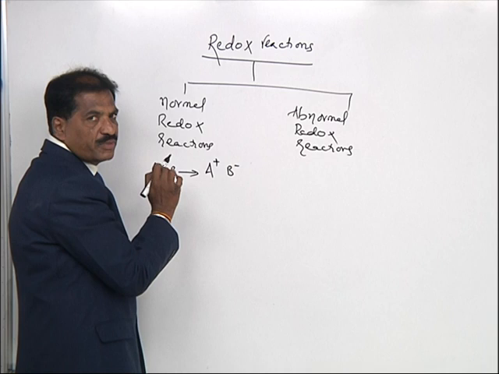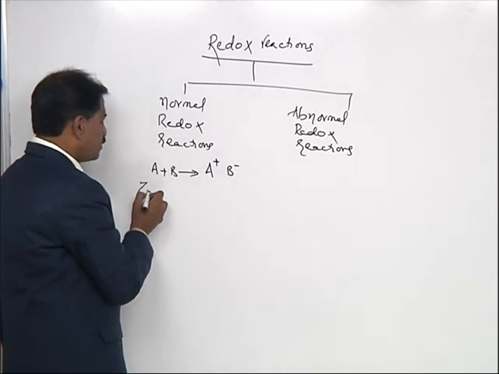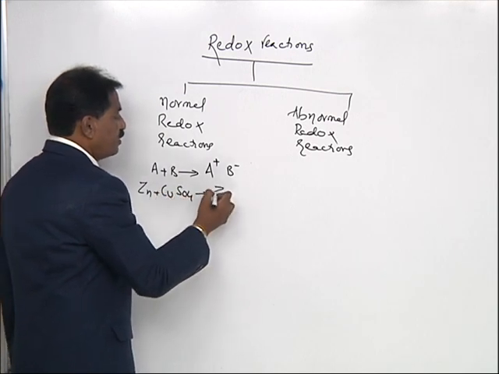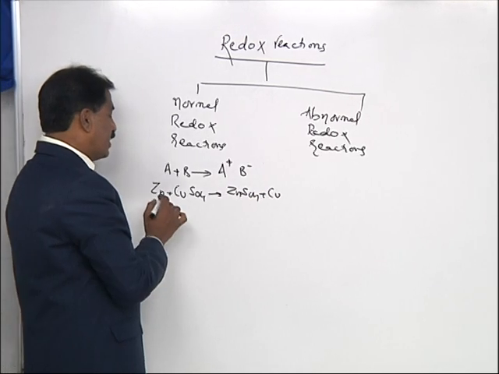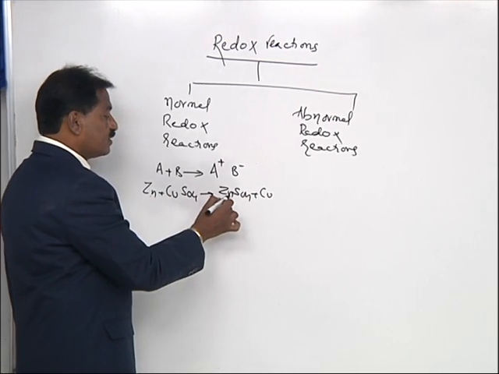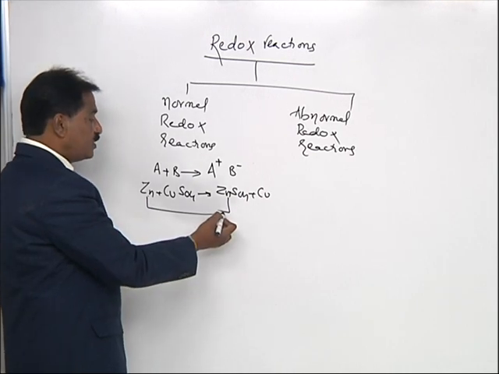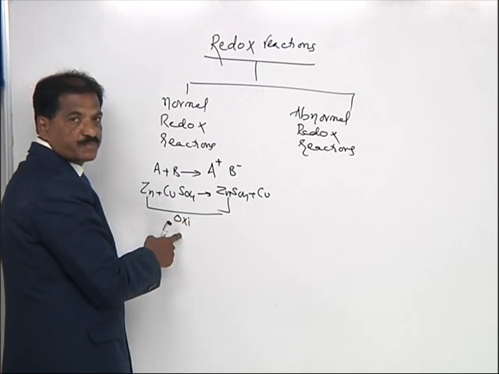The best example for normal redox reaction is zinc reacting with the copper sulfate. Therefore, here zinc sulfate plus copper. In this reaction, zinc is losing its electrons, hence it has been converted into Zn2 plus. Since zinc is losing its electrons, we can say zinc is undergoing oxidation.